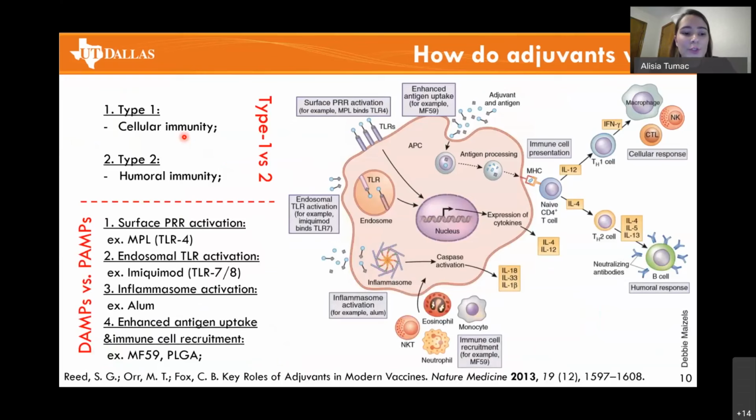Next, I want to further divide adjuvants into damage-associated molecular patterns, or DAMPs, and pathogen-associated molecular patterns, or PAMPs. And I will start by talking about PAMPs, and this can be categorized in two. One is the surface PRR, pattern recognition receptor, activation, and the other one can be endosomal.